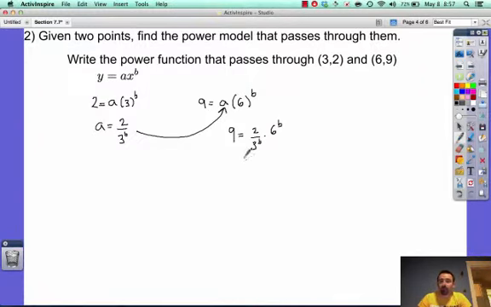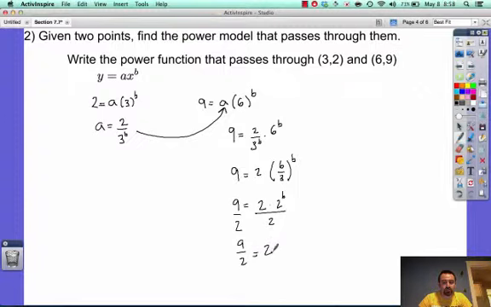I have to do a little bit more creative algebra here to solve for b. So 9 equals 2 times (6 over 3) to the b, which means that 9 equals 2 times 2 to the b. Now, in order to solve for b here, I need a logarithm. So I'm going to divide both sides by 2 first of all. So I get 9 over 2 equals 2 to the b.